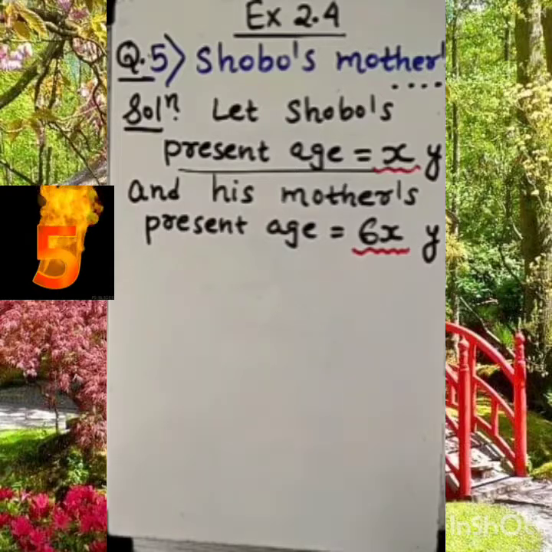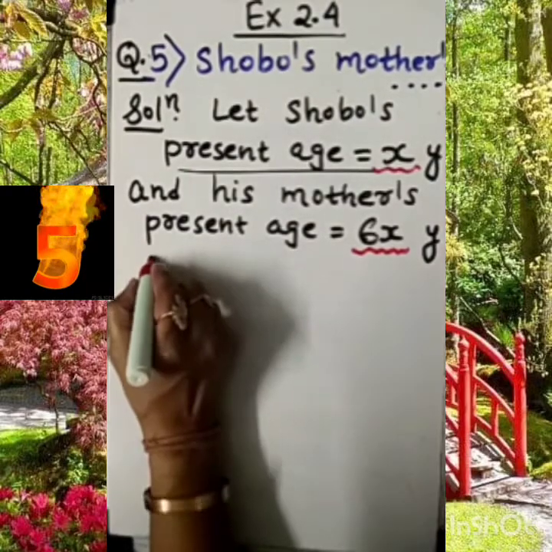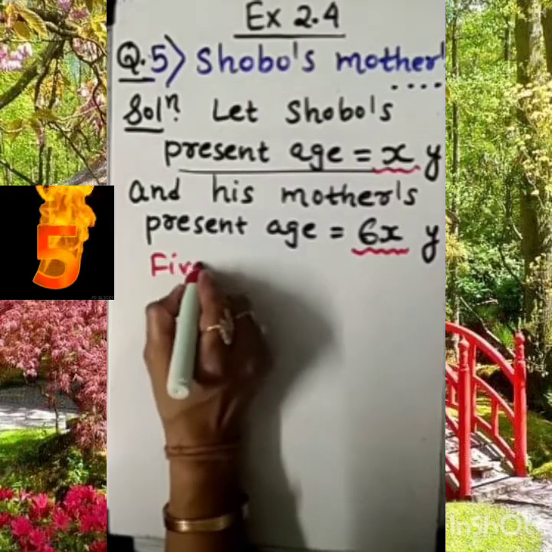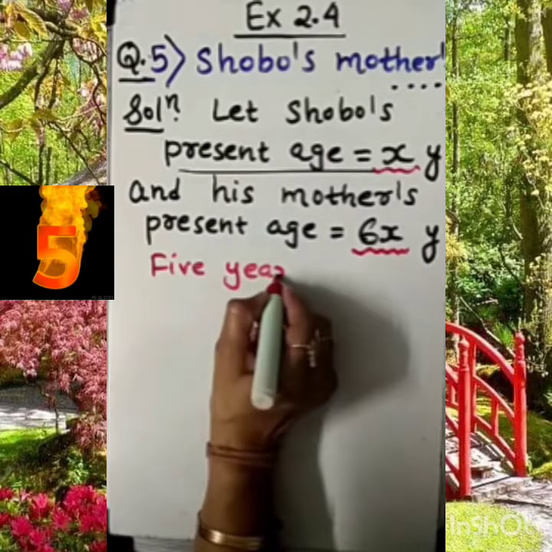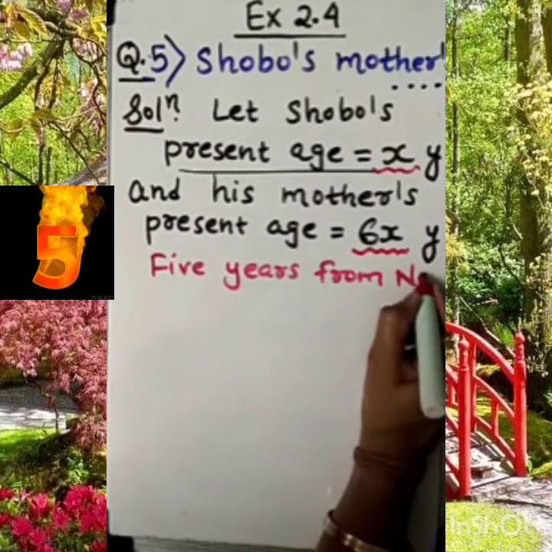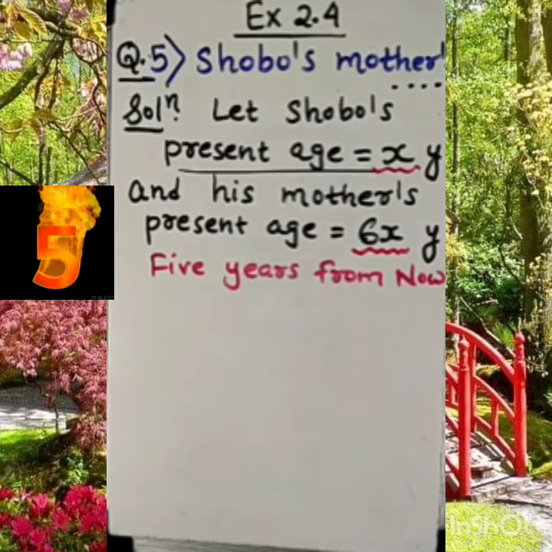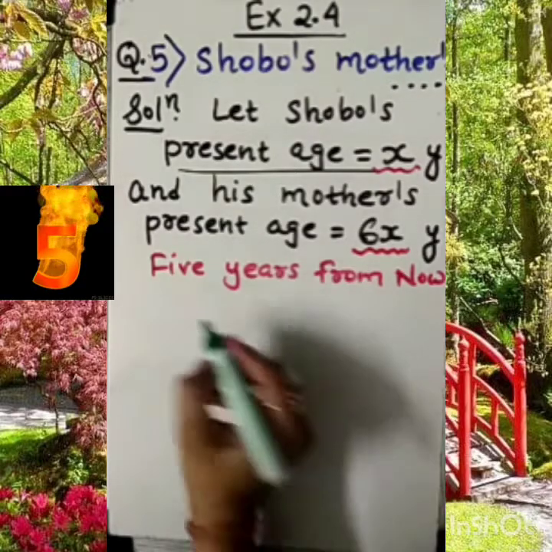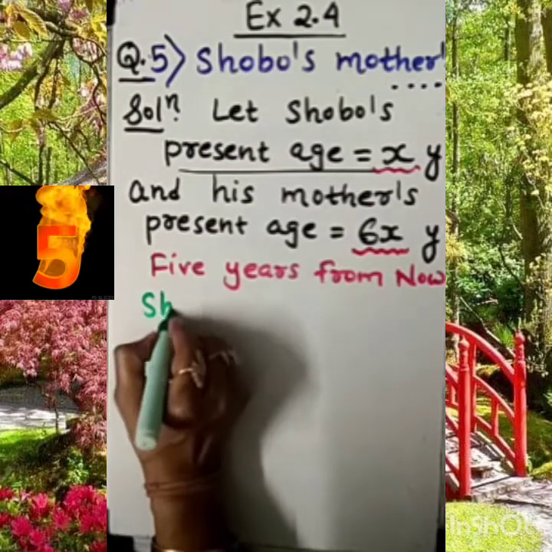Okay, that is in the present. Now, Shobo's age 5 years from now. Let's note down: 5 years from now indicates the future, meaning after 5 years. What will be Shobo's age after 5 years?